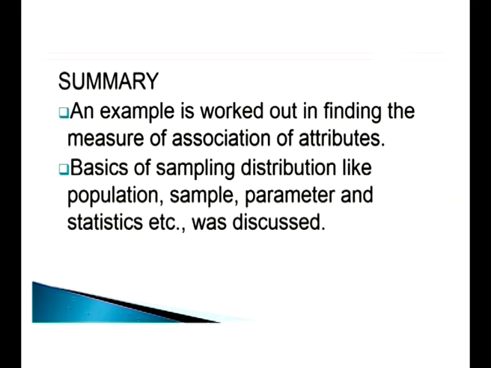Why sample, why is the population not taken into account for the investigation, why do we do the sampling, and some basic terminologies like population, sample, parameter, statistics, standard error, and so on were discussed. Also, a sampling distribution tabular column for various statistics has been given in this session.